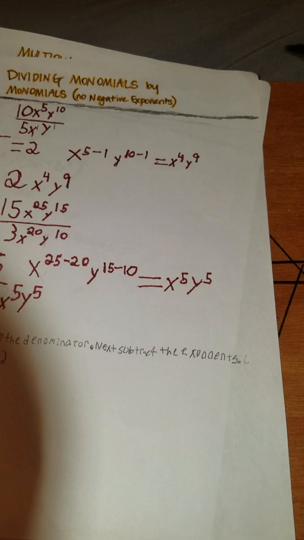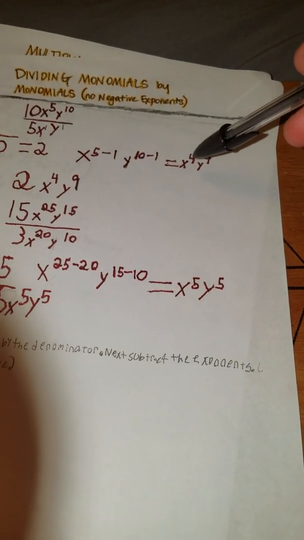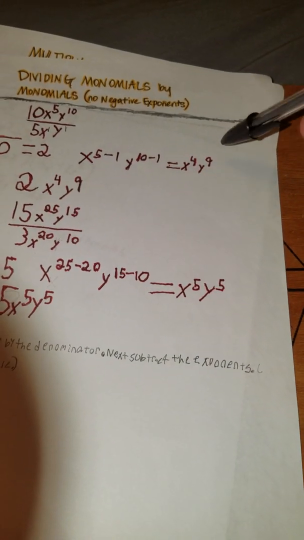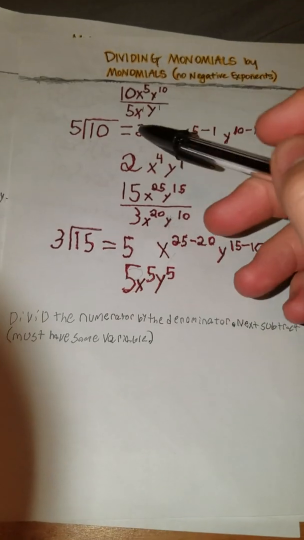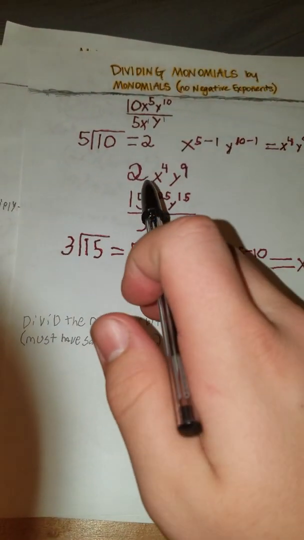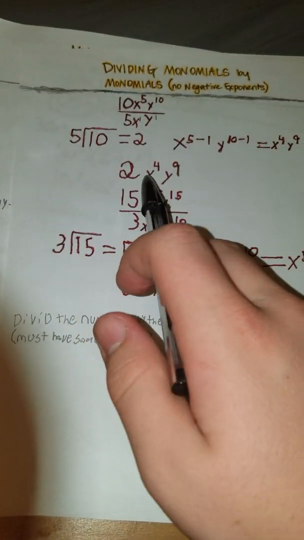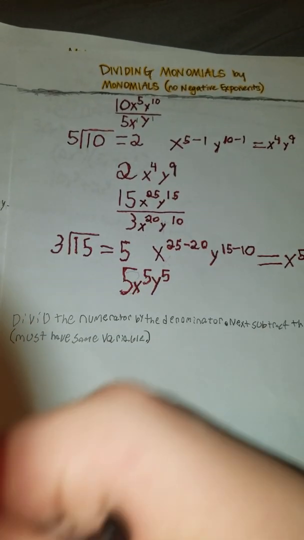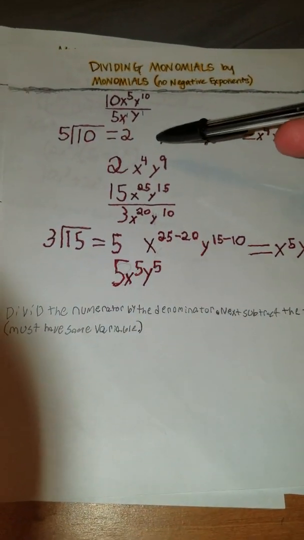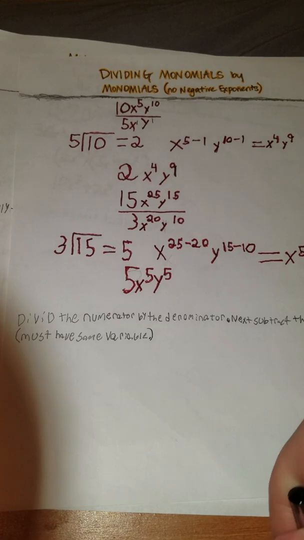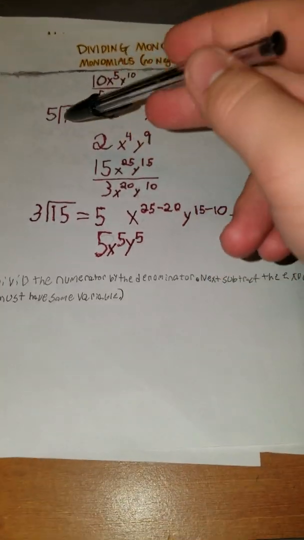Okay, and that would equal x to the 4th power, y to the 9th power. So if you put those together, your answer will come out as 2x to the 4th power, y to the 9th power.